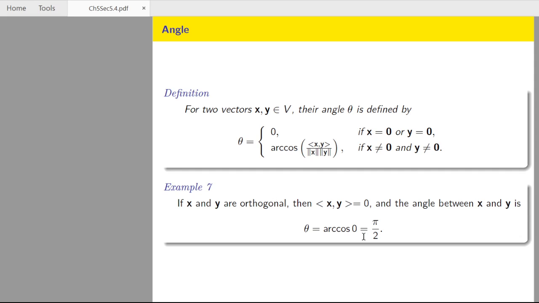This is just a generalization from elementary geometry. In that case, if the angle is pi over 2, then we call x and y perpendicular. So perpendicular and orthogonal are similar notions in inner product space and in elementary geometry.